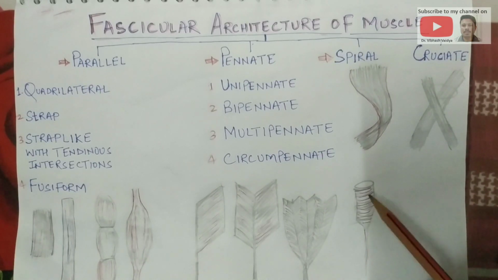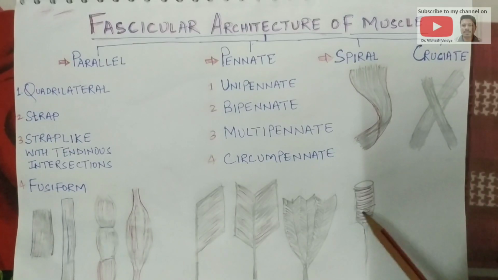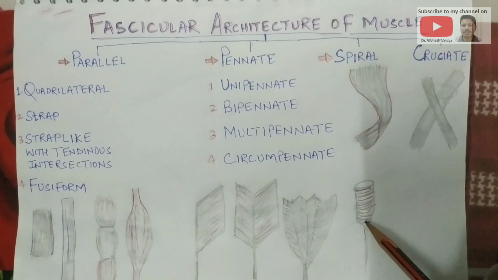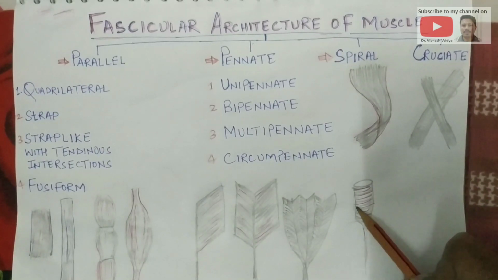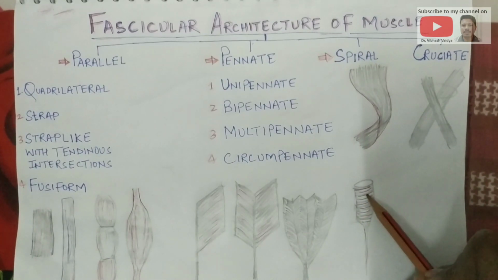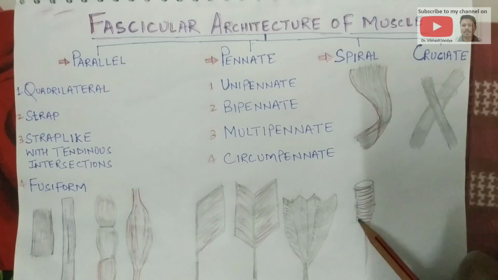Now the circumpinate muscles. As the name indicates, the fleshy muscle fibers are circular, and the muscle is cylindrical with a central tendon. Within the muscle you can see the tendon, and the oblique muscle fibers converge into the central tendon from all sides, giving the appearance of circular feathers.